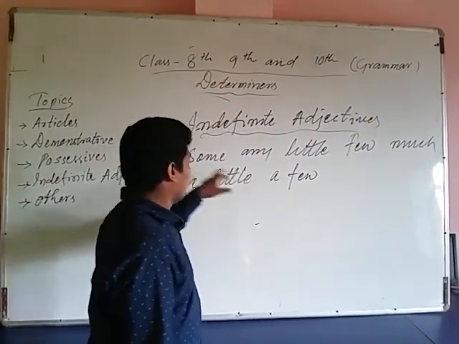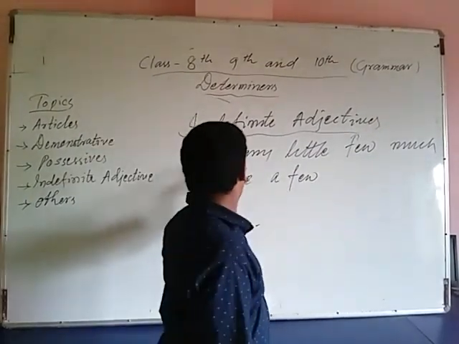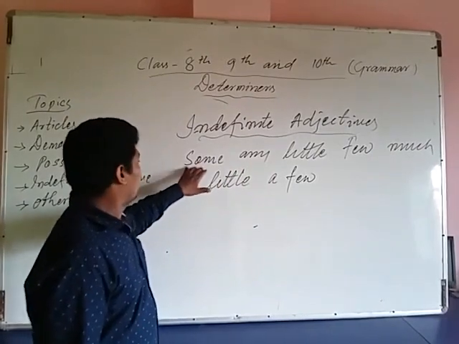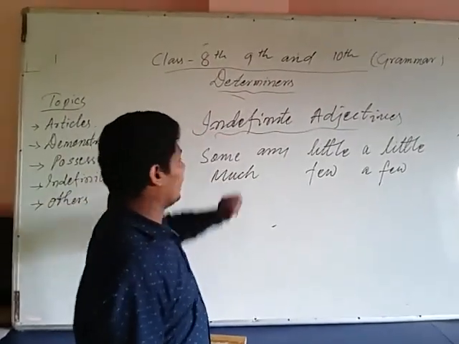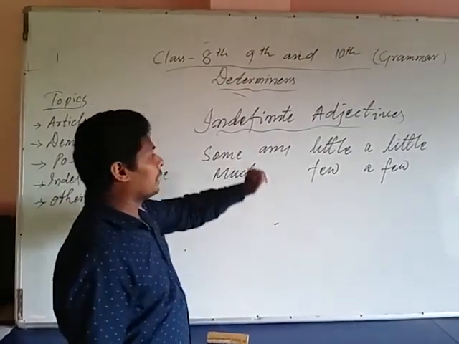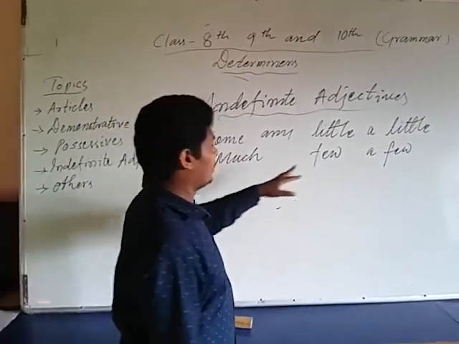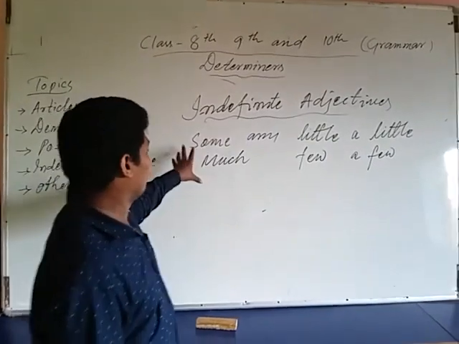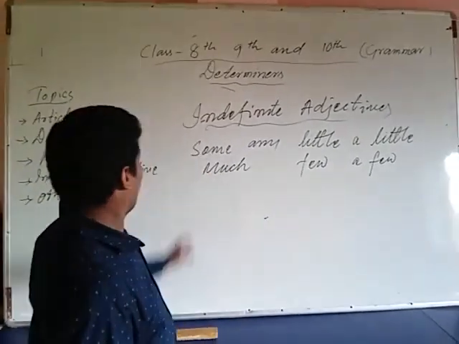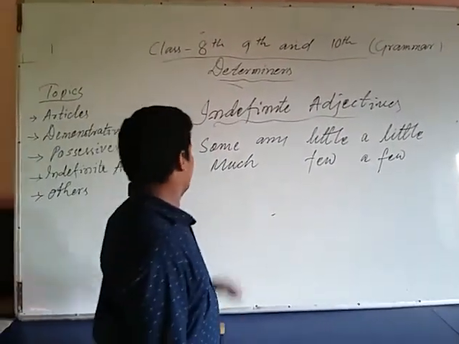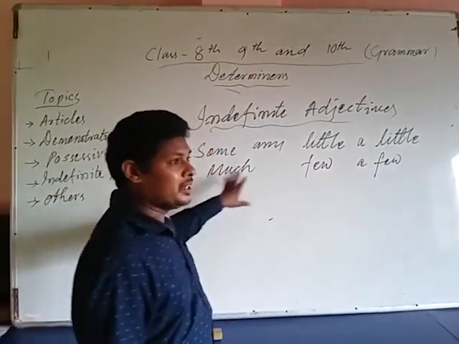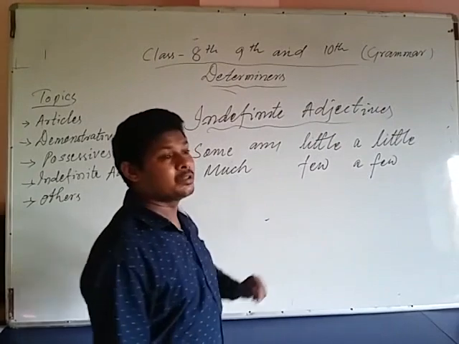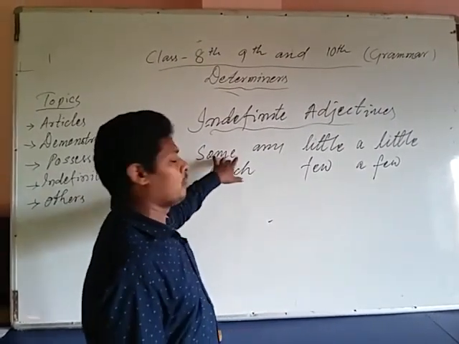So some is used for some. The indefinite adjectives: some, any, little, a little, much, few, a few. These are some of the indefinite adjectives. Some, any, little, a little, and much are used with uncountable and countable nouns.